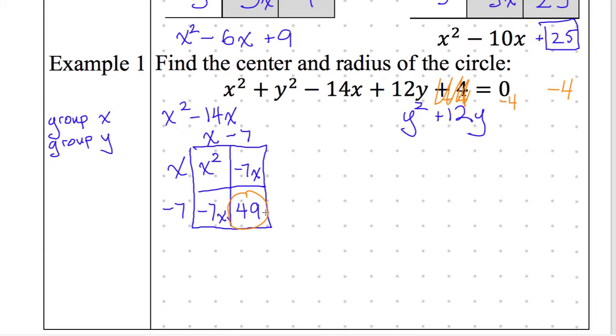But we're not allowed to just unbalance the equation and add 49 to the left-hand side. I need to also add 49 to the right-hand side. So this bottom right number needs to be added to both sides. So I'm going to add plus 49 to the left-hand side, and plus 49 to the right-hand side.